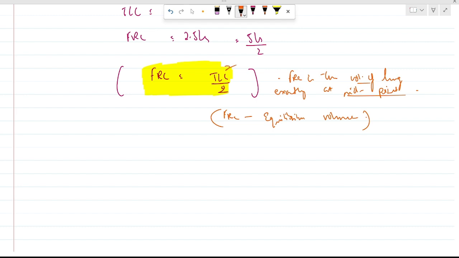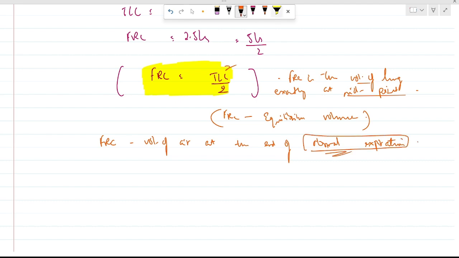It's also said that FRC is the volume of air at the end of normal expiration. Yes, this is what is important here.